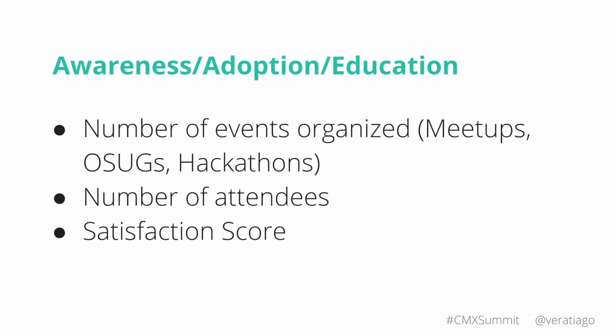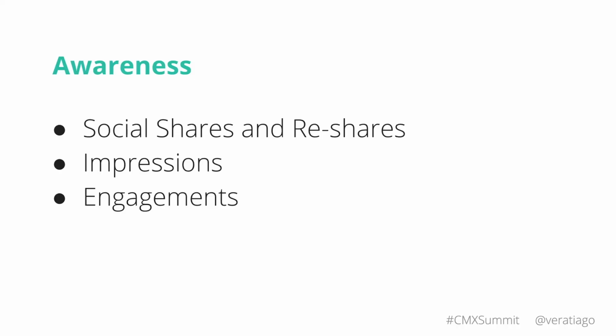Another one is for the ones that are organizing user groups all over the world: how many user groups they have organized, how many attendees they got, and also the satisfaction score on those events. Social media: social shares and reshares, impressions, engagement, you all know this.